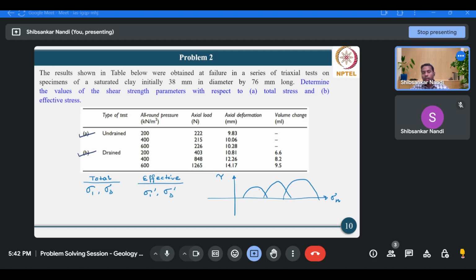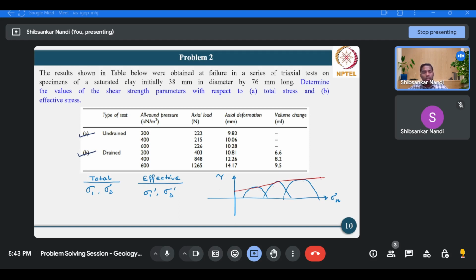Okay, now in the next step we'll try to draw a common line which is basically tangent to all three Mohr circles. So suppose this is the line, and obviously this line should be linear. This is the line which is tangent to all these Mohr circles.